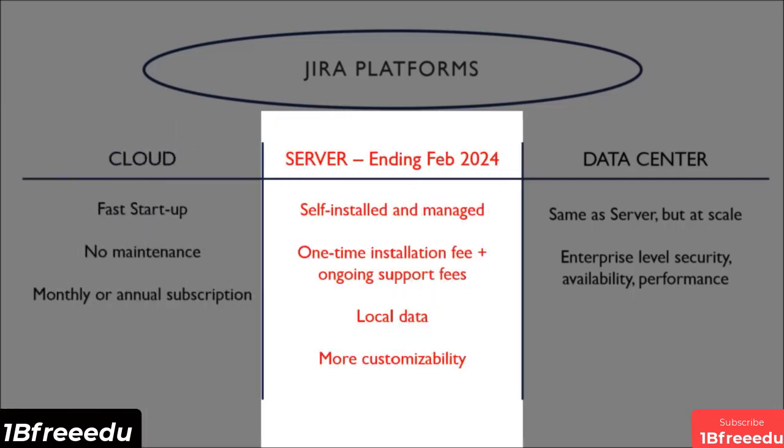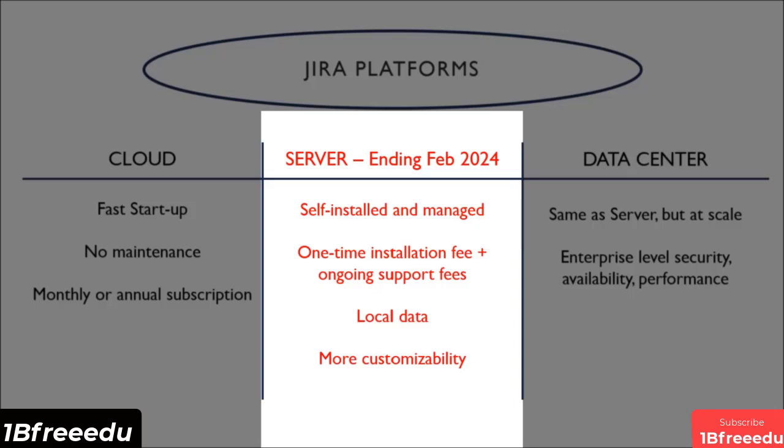Server was probably the second most popular deployment type, but like I said, this is going away by 2024. This setup required you to install and host Jira yourself on-premise, either on a server in the office or in a data center or cloud server environment such as AWS or Azure. This is where you would be responsible for managing everything from upgrades, security, performance.